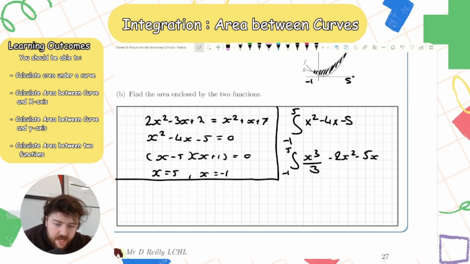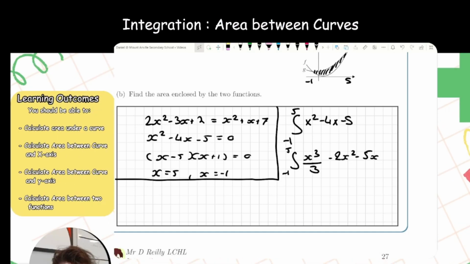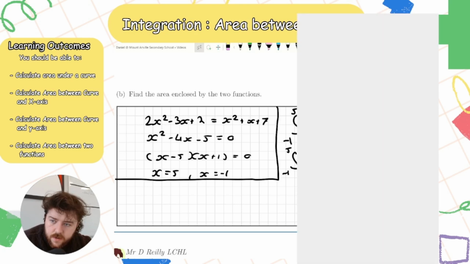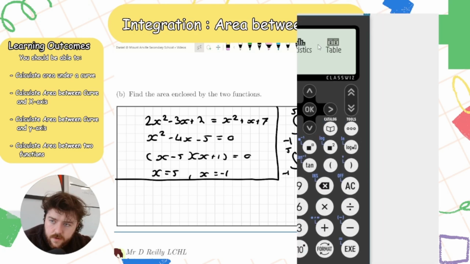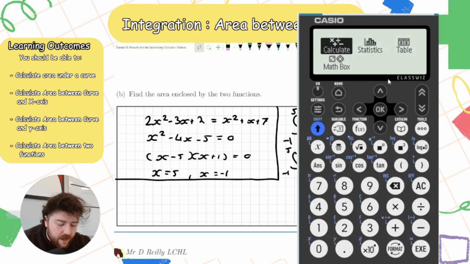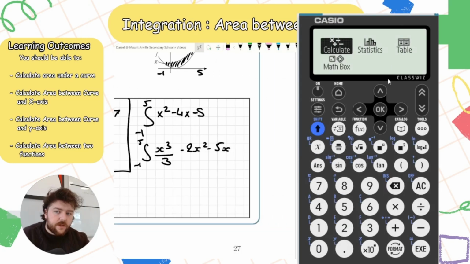Like I said, we could use our calculators if we wished. So if I just open up this here. There's my calculator. Let me type in my function here.